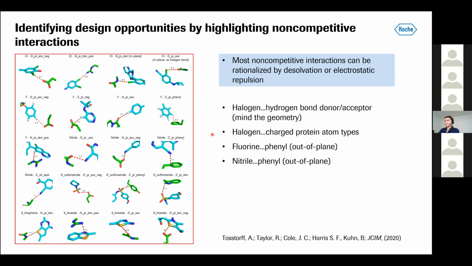any charged protein atom types, mostly because of desolvation, obviously. And just as the fluorine, the nitrile also should not be placed above a phenylalanine ring. And I can also refer you to our publication on non-competitive interactions here.